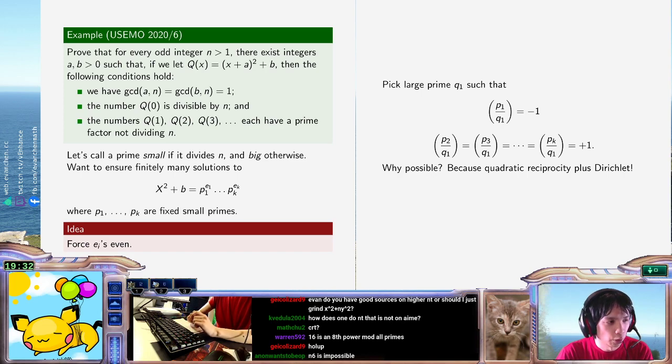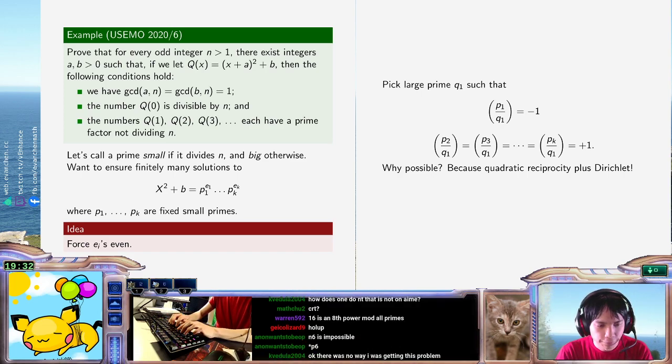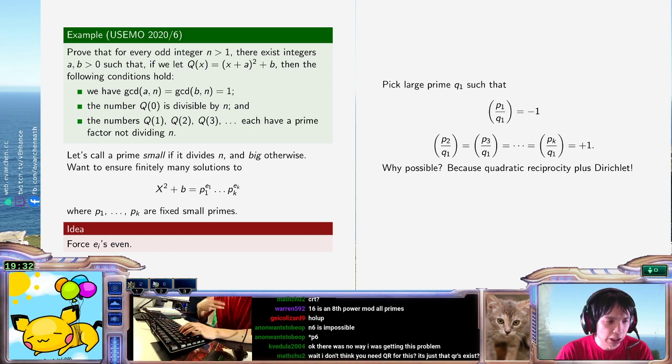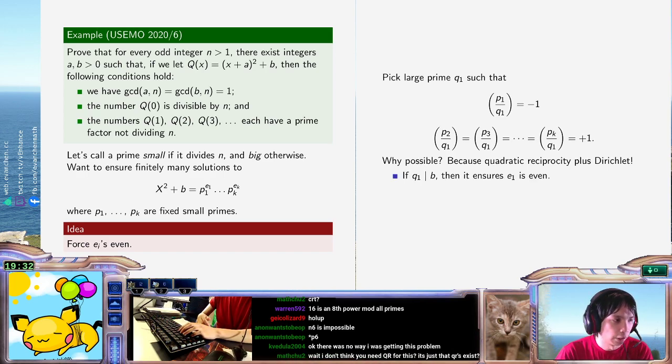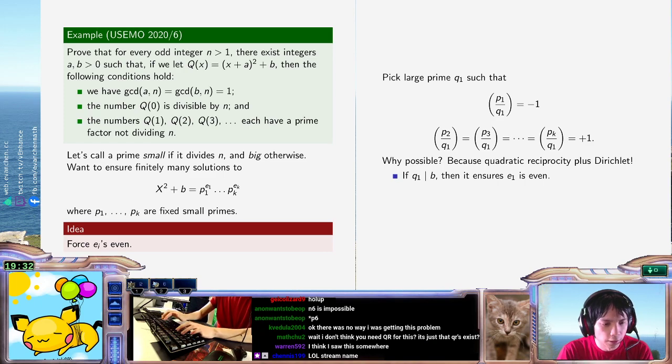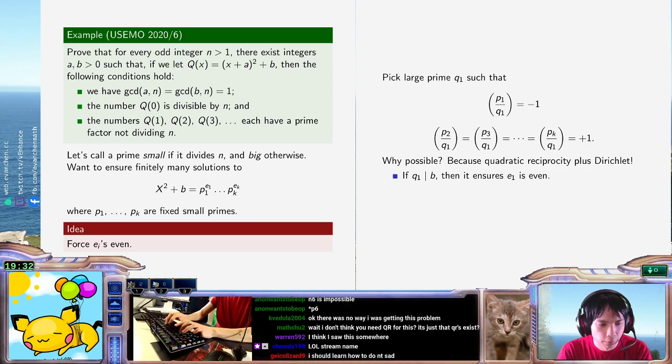Okay, so what happens if I do this? If Q1 divides B, then it ensures E1 is even. So I pick my B to be divisible by Q1. Now it'll force E1 to be even. And repeat for every other prime.